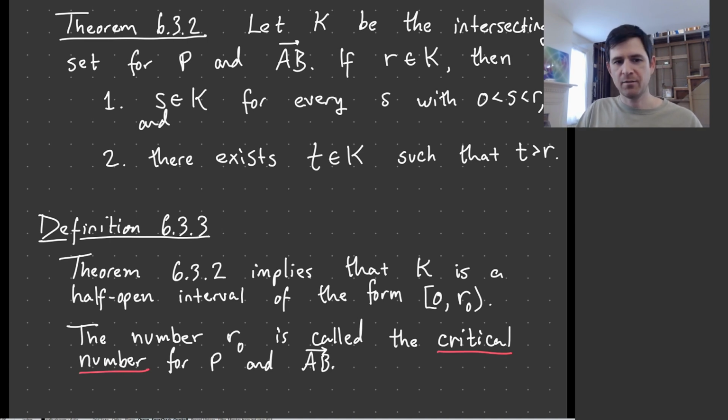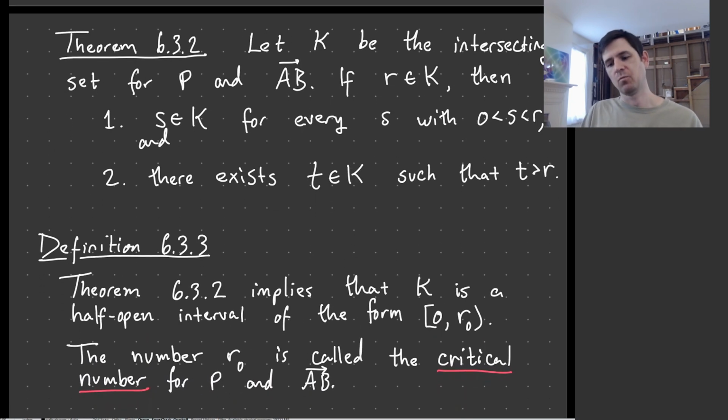Okay, so why does this theorem imply this fact? What's really used here is the least upper bound property of real numbers. So we're using some heavy machinery from real numbers, which you will see if you take real analysis or advanced calculus. So I'm not going to go into the details of that.